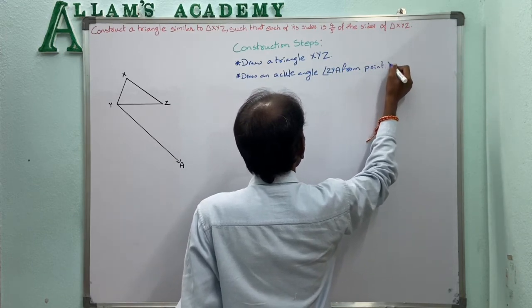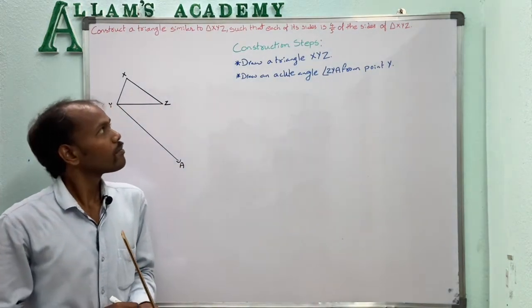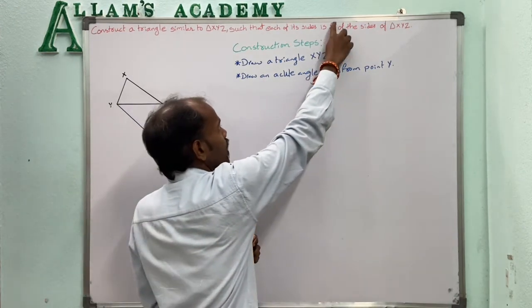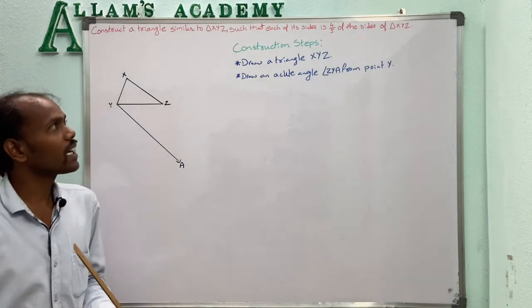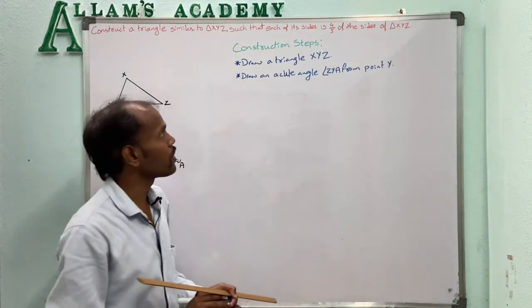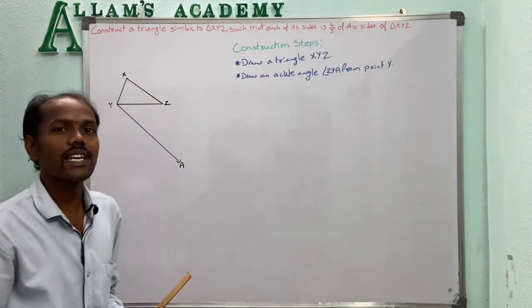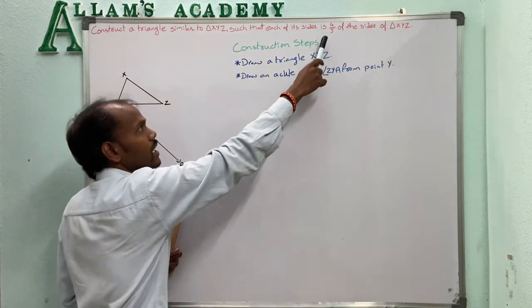Here the similar triangle ratio is 4 by 5 given. 4 by 5 simplified is 0.8, which is less than 1. So here the denominator is 5.